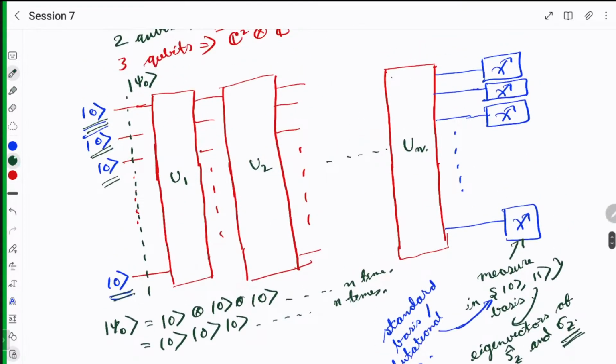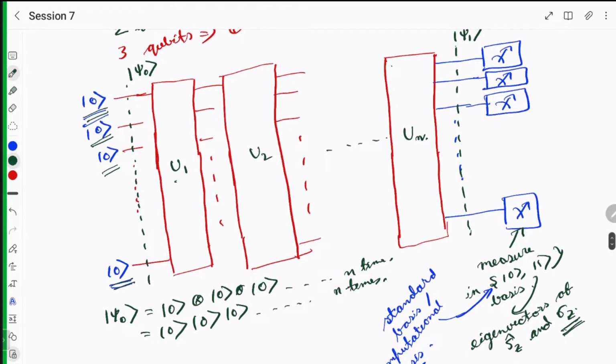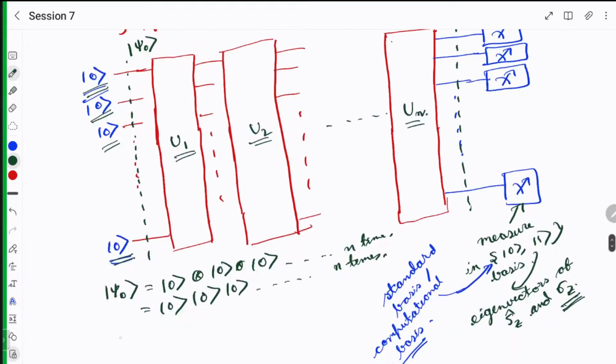And let's say after all these unitaries are done, it goes to some state psi 1. Now, if we know all the unitaries u1, u2, up to un, can you express psi 1 as a function of these unitaries and psi naught?